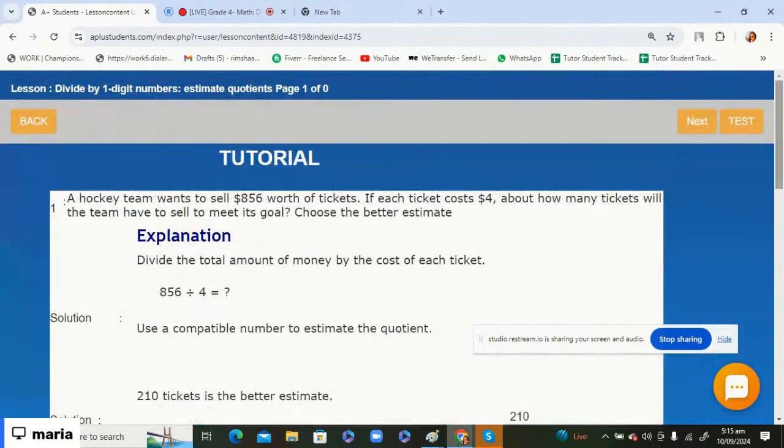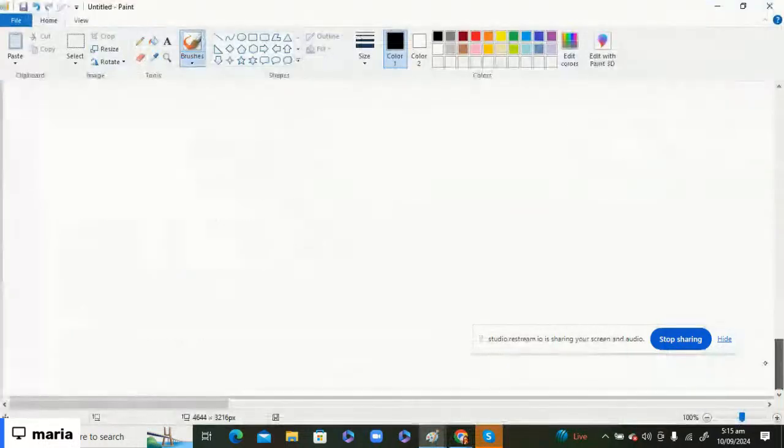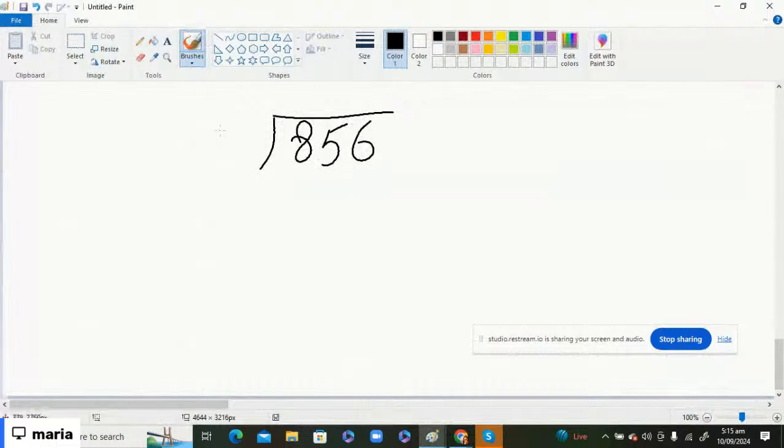856 divided by 4. So as we know, when you divide 856 over 4, first 4 times 1 is 4, 4 times 2 is 8. So let's put 4 times 2 is 8.